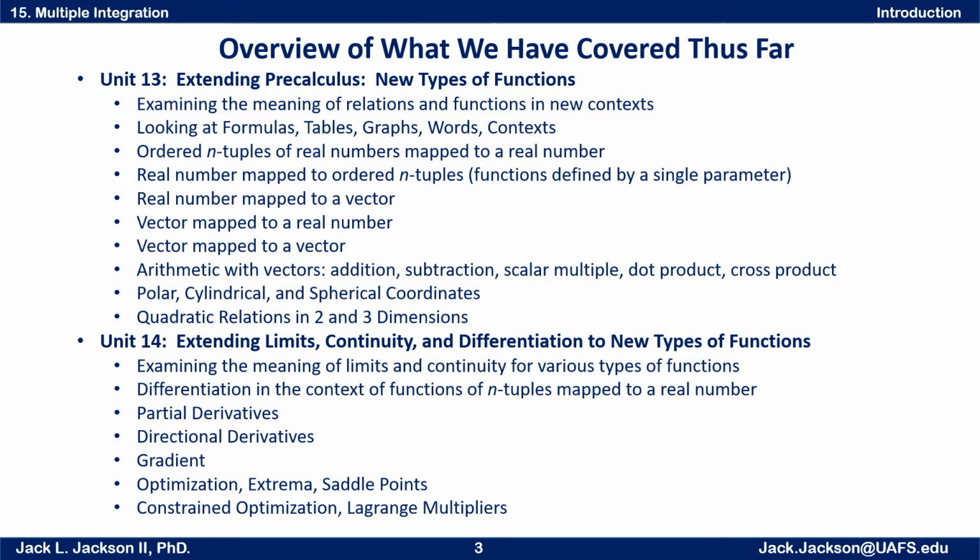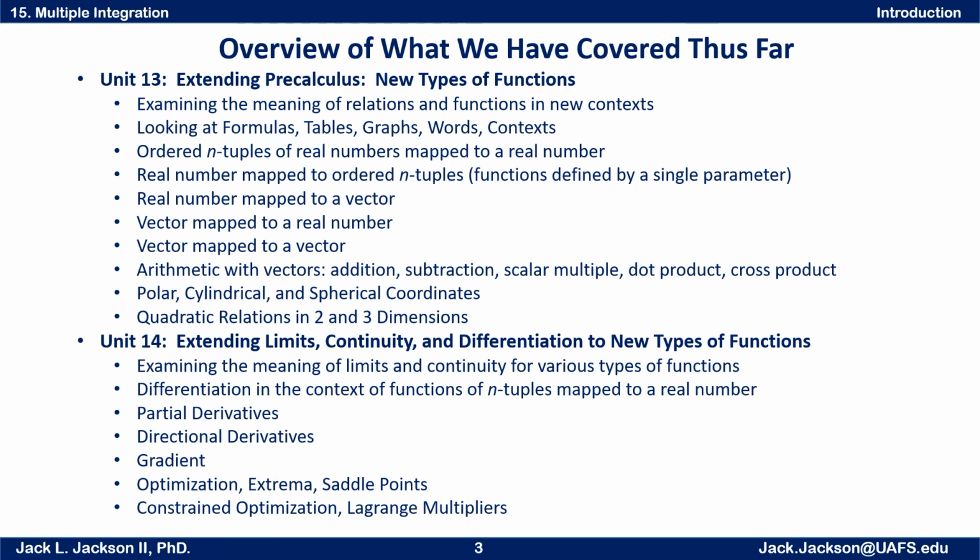We also talked about how to do arithmetic with vectors, how to add, subtract, multiply vectors. And multiplication, there were several different versions. There was a scalar times a vector, scalar multiple type of multiplication, a dot product where you had a vector times a vector to get a scalar, and a cross product where you had a 3D vector cross a 3D vector to get a 3D vector.